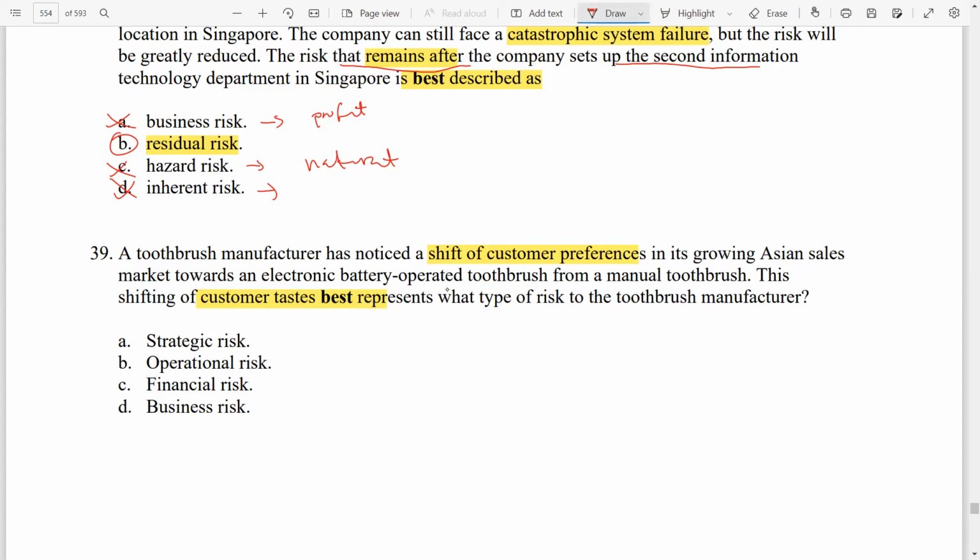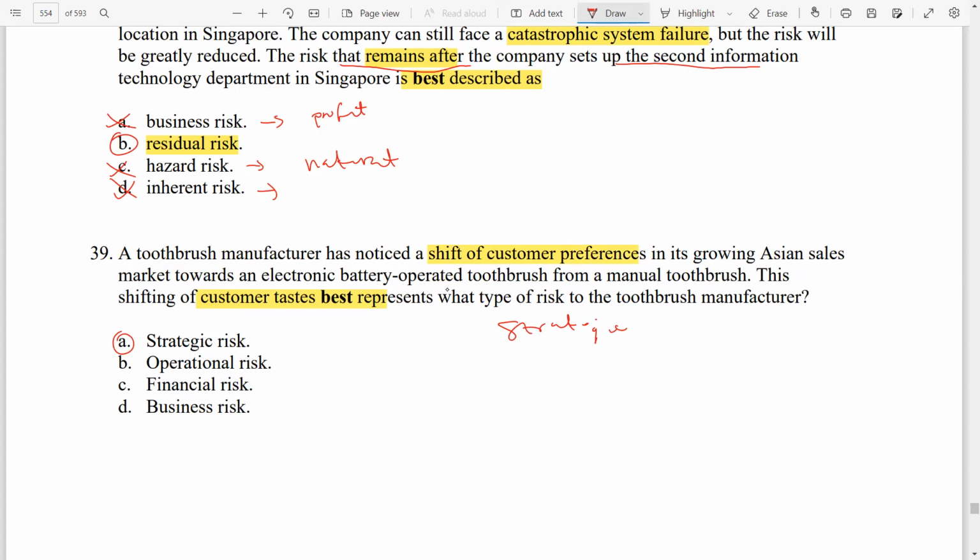Customer taste is a risk that is outside the control of the company. That is strategic risk. Customer taste, political things and other things affect the strategic risk of the company. So A is the correct answer, strategic risk.